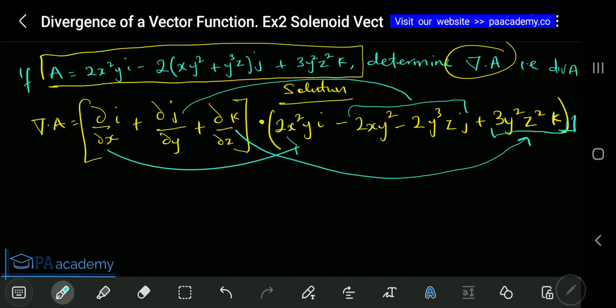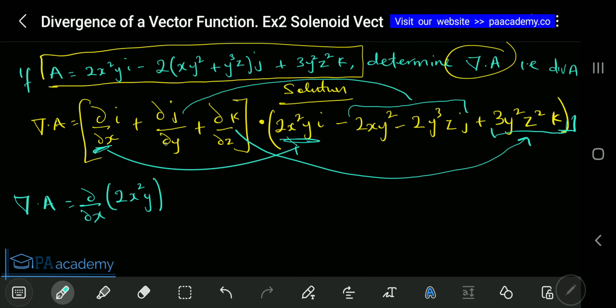So that means our div of A will be the partial differential of 2x squared y. I just need to write it out so that I don't skip this step. Like I said, once you are multiplying the same coordinates, the i will no longer be there, the j will no longer be there. So if this is multiplying this, remember they are on the same coordinates, the i will no longer be there.